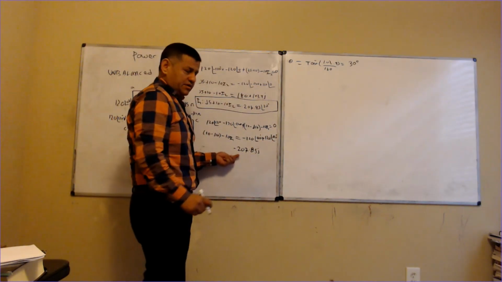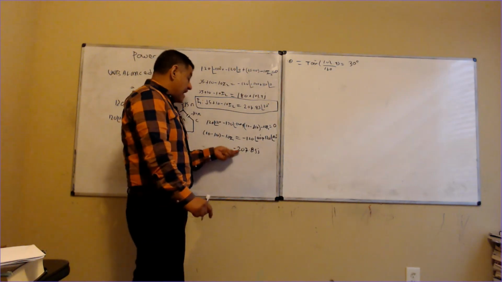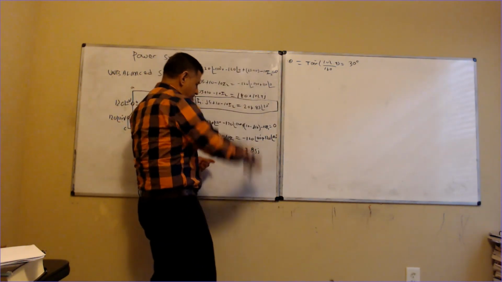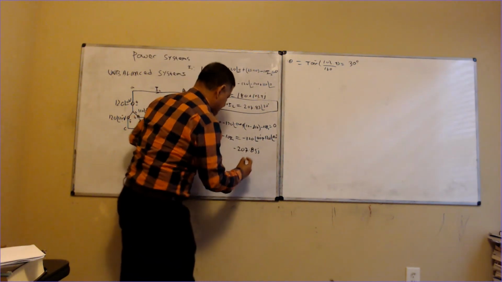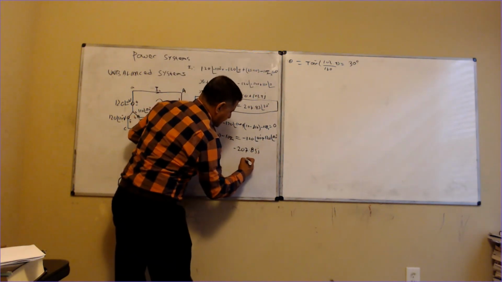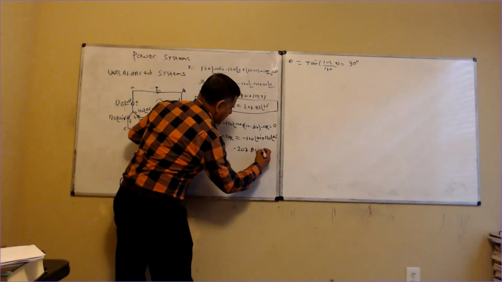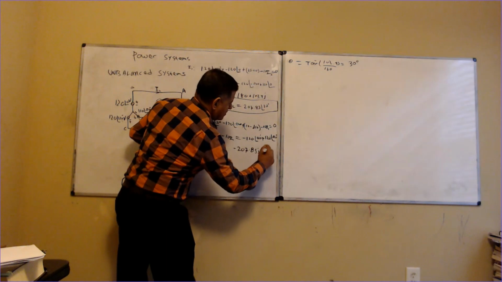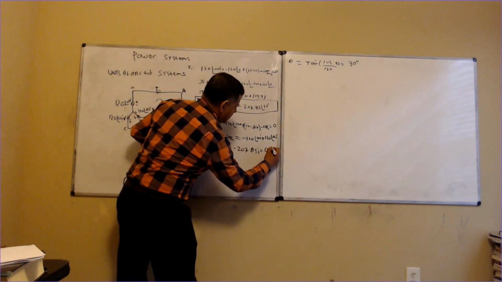But remember that if I have something like this, that means I have a capacitive load and I'm going to be in the vertical direction down. So this represents a negative 1, or negative 90 degrees, right?